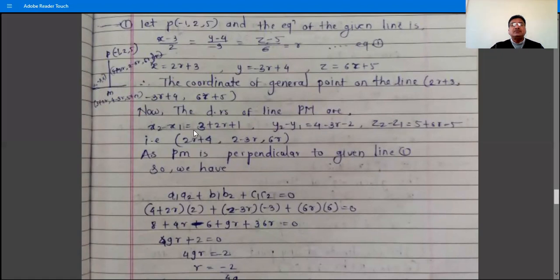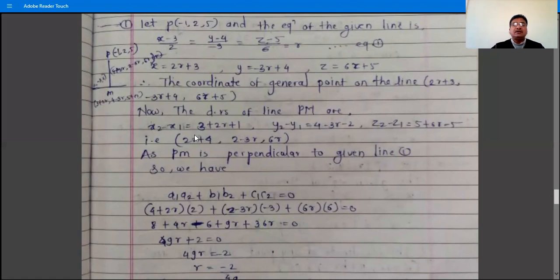So what happened? This point M, the direction ratios of the line PM are what? If we know two points on the line, then we have the direction ratios of the line. So the coordinates of M are of this form: (2r + 3, -3r + 4, 6r + 5).